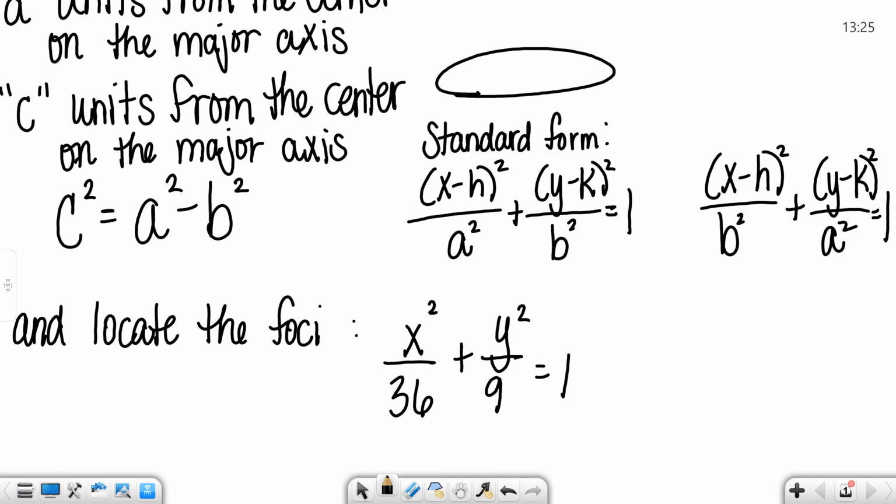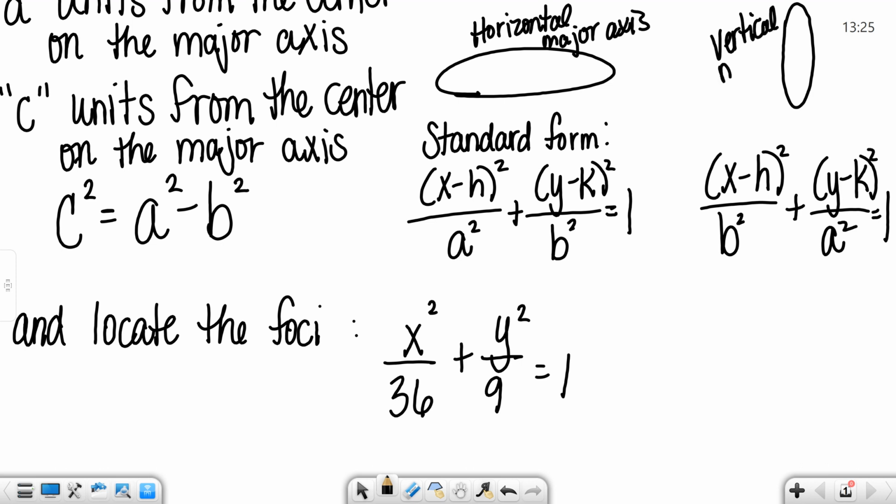That would look like this. The major axis is horizontal. Well, that would be this first equation. This other equation would be a vertical major axis. So horizontal major axis is the one that's laying down. A vertical major axis is the one that is standing up.